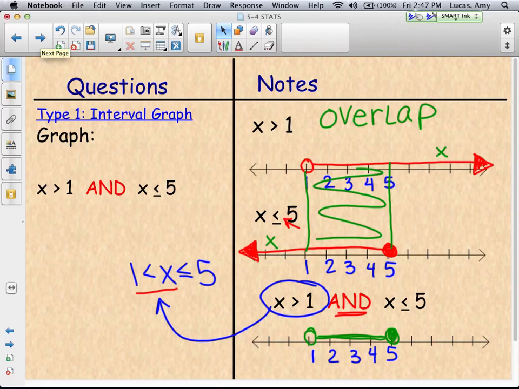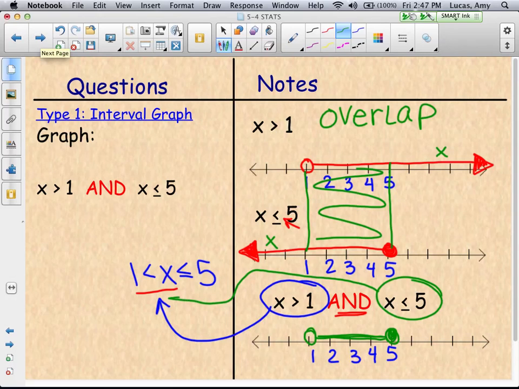And then my second one, x is less than or equal to 5. So by putting them together and using the variable x only once, I'm just flipping around the first inequality to get the x in the middle and writing it as a compound inequality or an interval.